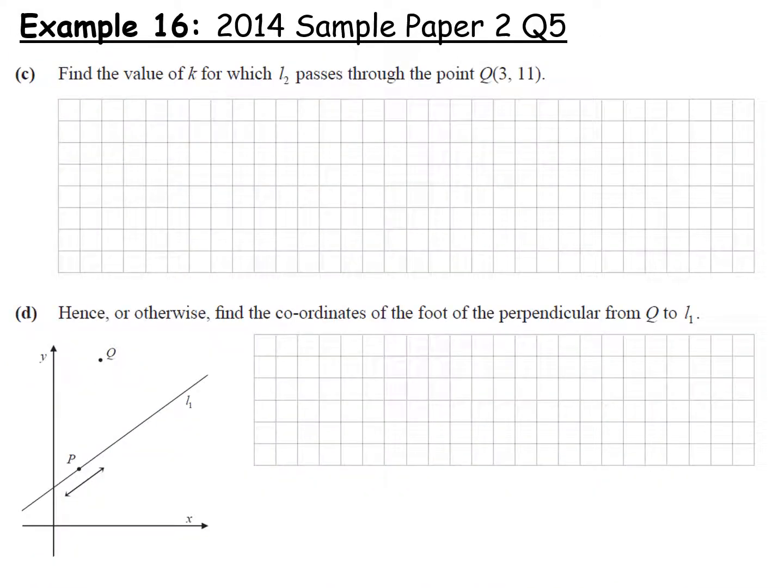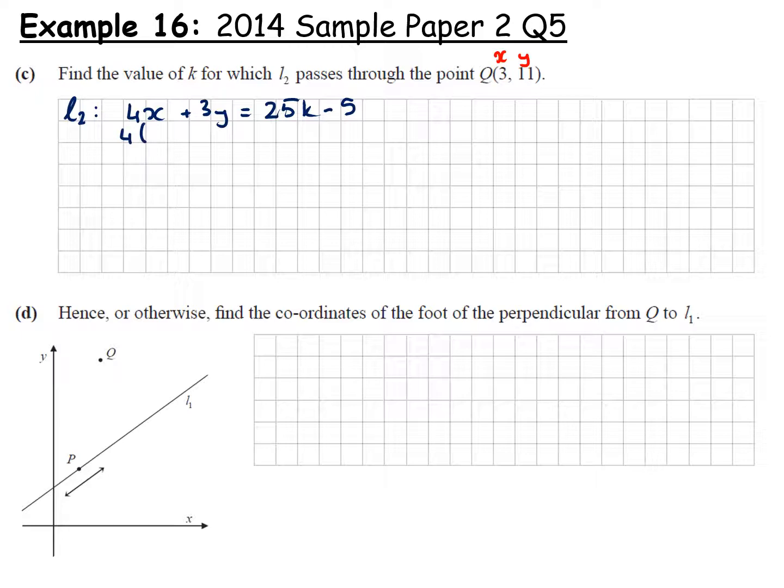So part C says find the value of k for which L2 passes through the point Q. Just to remind you, we just worked out L2, 4x plus 3y is equal to 25k minus 5. If a point is on the line, we know that when I sub it in, it should work, so the equation should balance. We can use that to solve for k in this case.